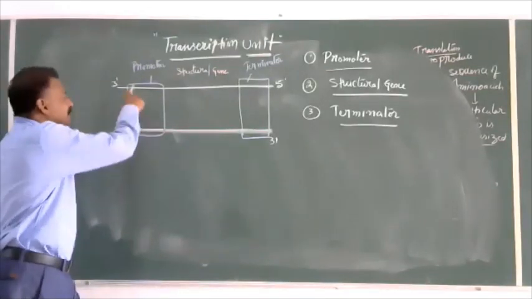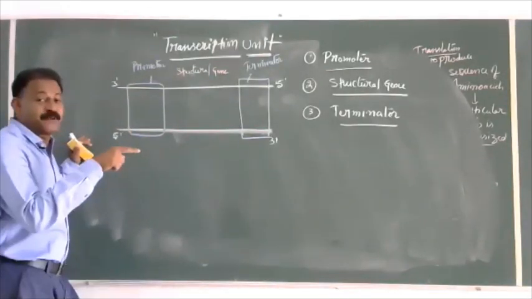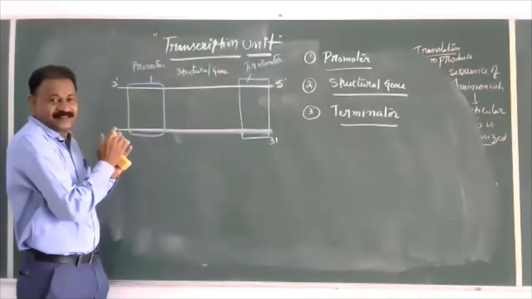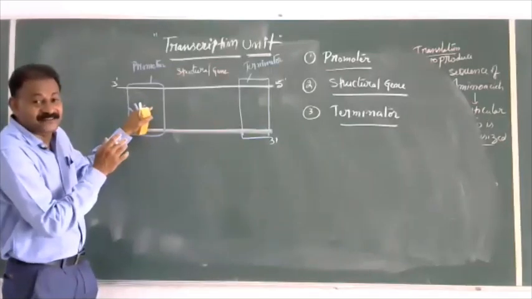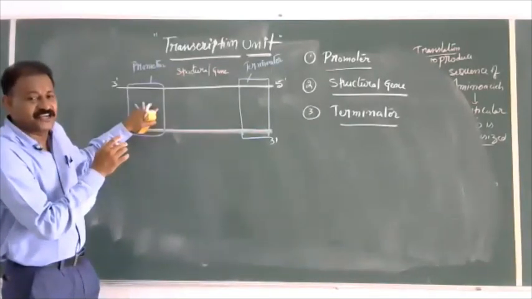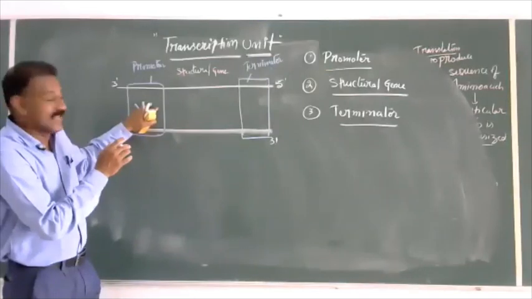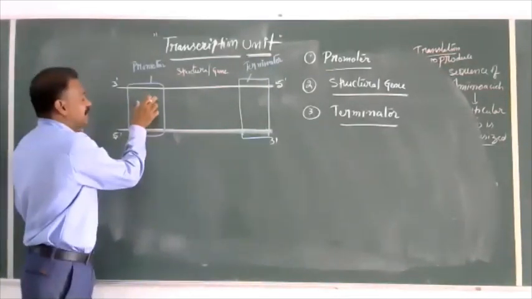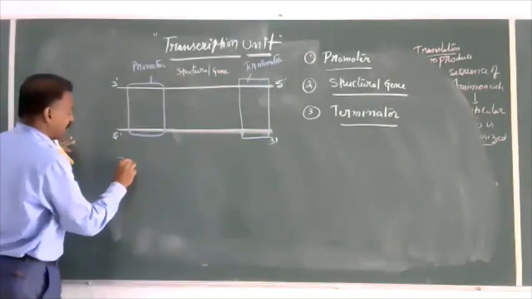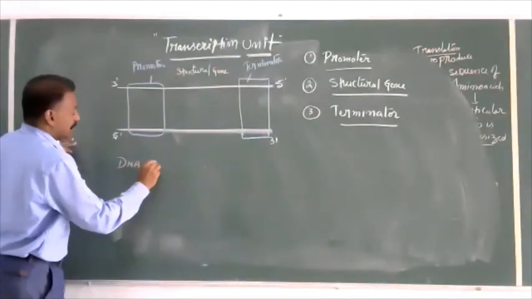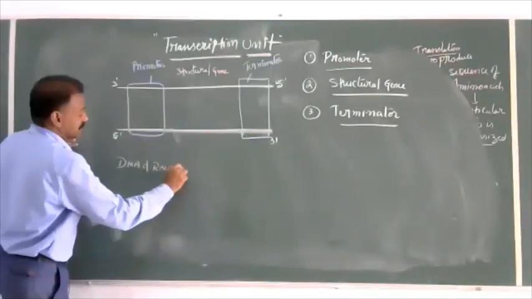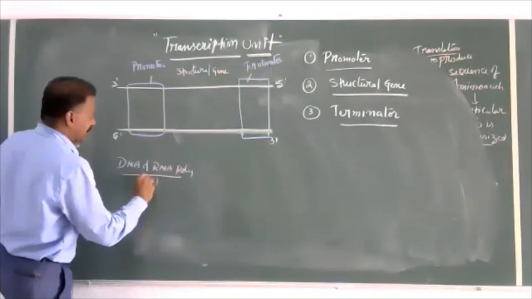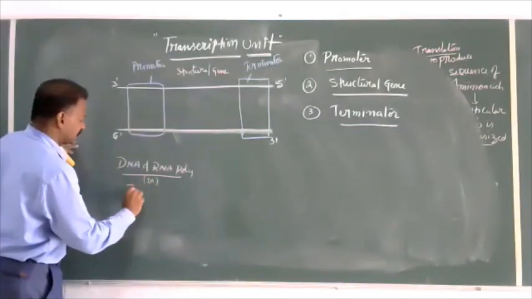This is the region where DNA dependent RNA polymerase is binding, attached. And this is the region where some other initiating sequences, acceptor regions are present. This is the region where DNA dependent RNA polymerase enzyme or transcriptase enzyme binding site.